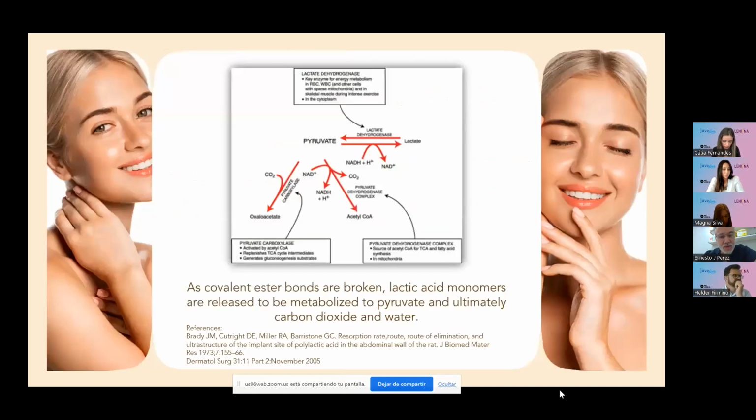As the covalent ester bonds are broken, the lactic acid monomers are released to be metabolized into pyruvate and ultimately carbon dioxide and water. You have here in the slides the references. You can find all of this information developed.